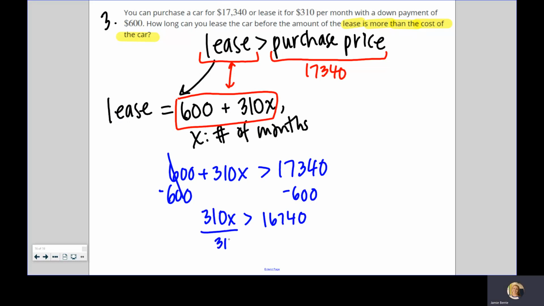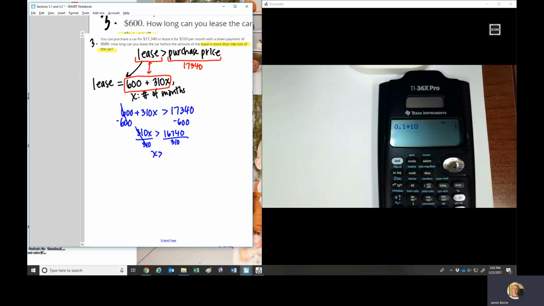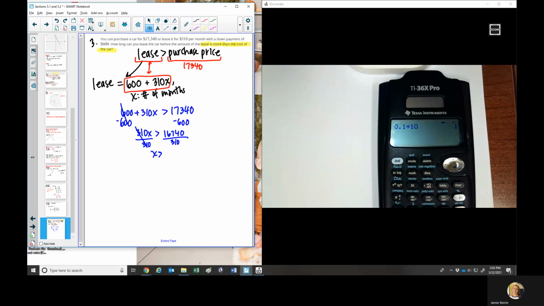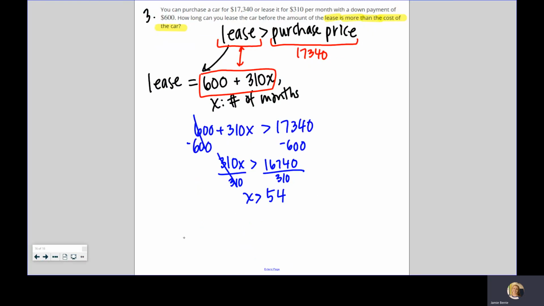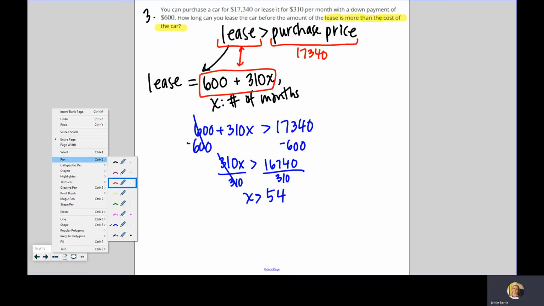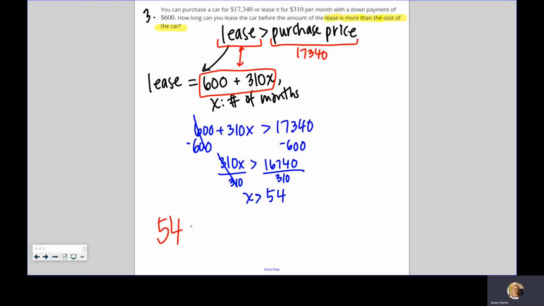Then divide both sides by 310. That gives us x is greater than, let's plug that in, 16,740 over 310 is 54. So after 54 months, you might as well have just bought the car. All right, so that's our answer. The answer is 54 months.